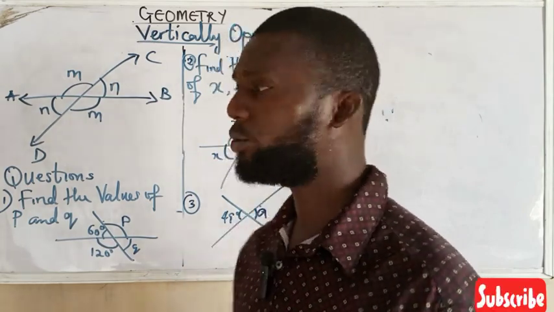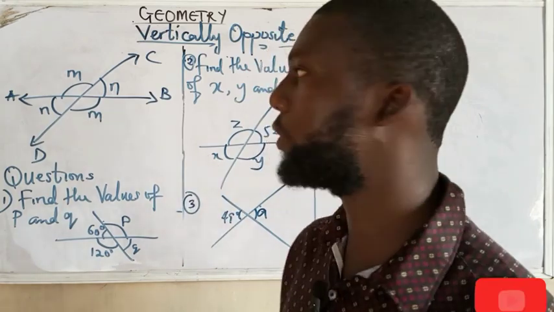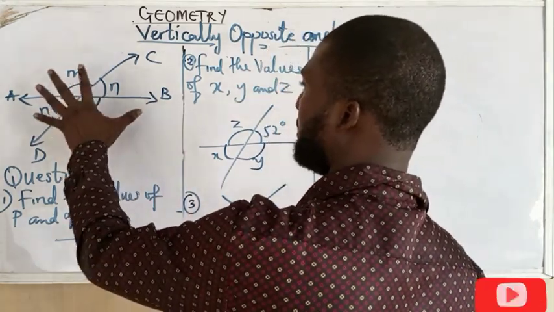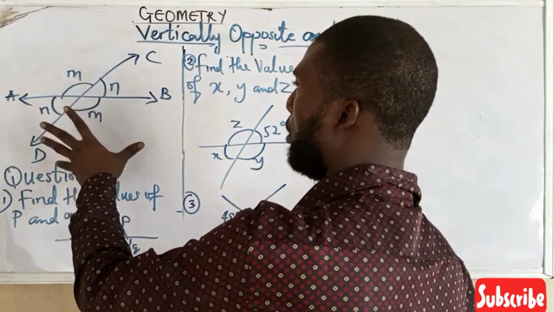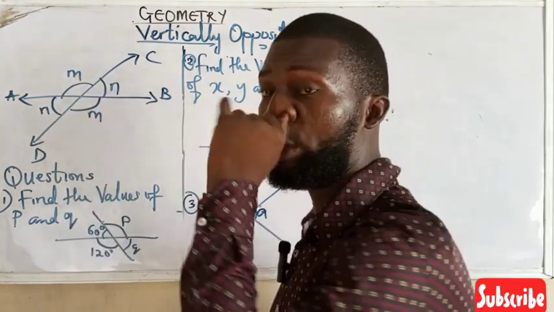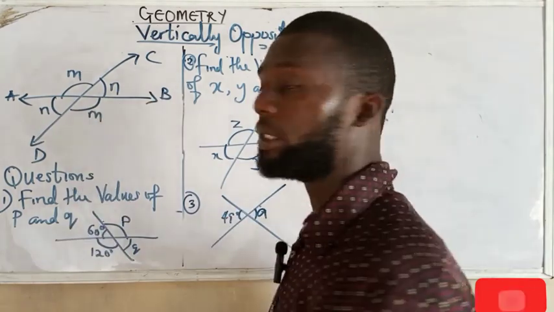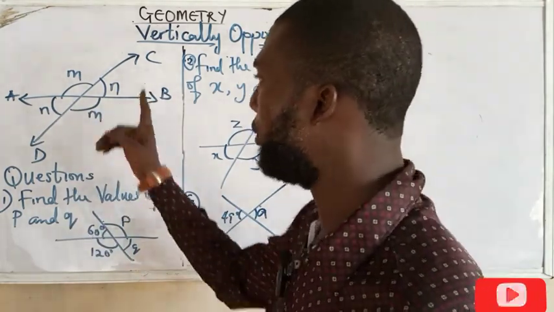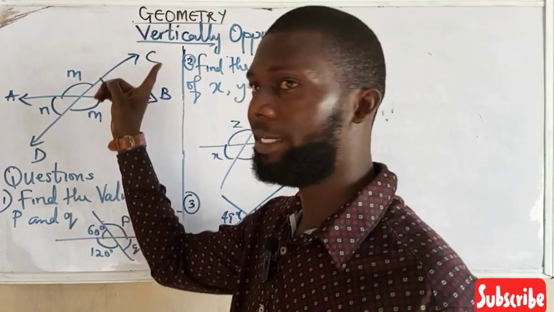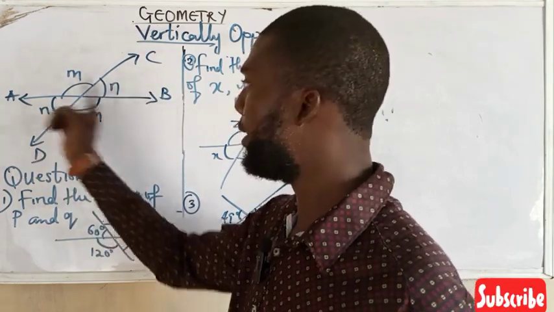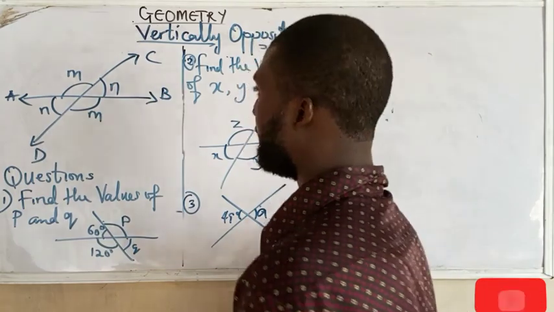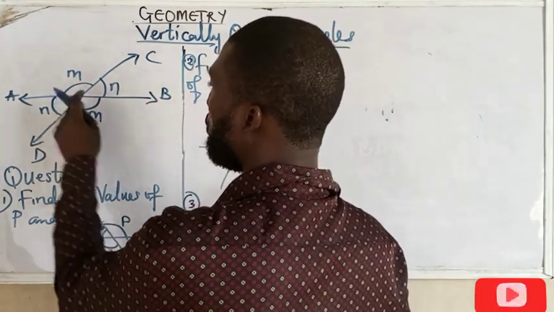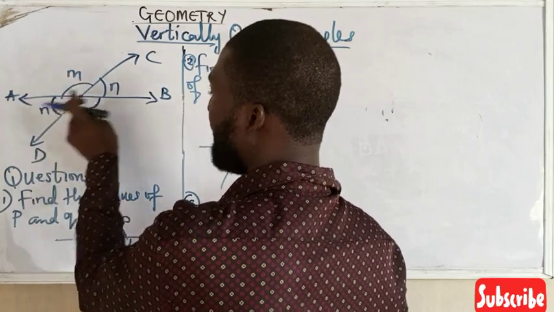So, in today's video, we're going to be looking at vertically opposite angles. Now, this is a diagram showing vertically opposite angles. But first things first, when two lines intersect, that point of intersection is the point where they share the vertex.